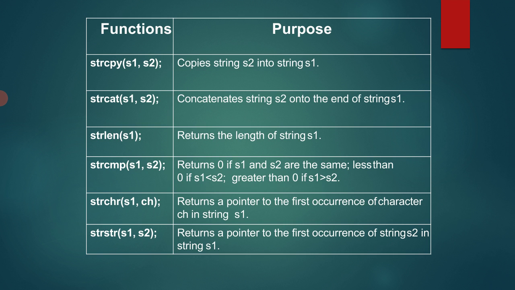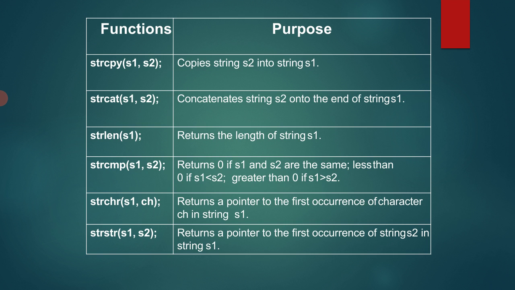The next string function is strcat. The strcat function is used to concatenate strings, to combine strings. It concatenates string s2 onto the end of string s1. The next function is strlen. The strlen function is used to calculate the length of the string, and it returns the length of the string s1.